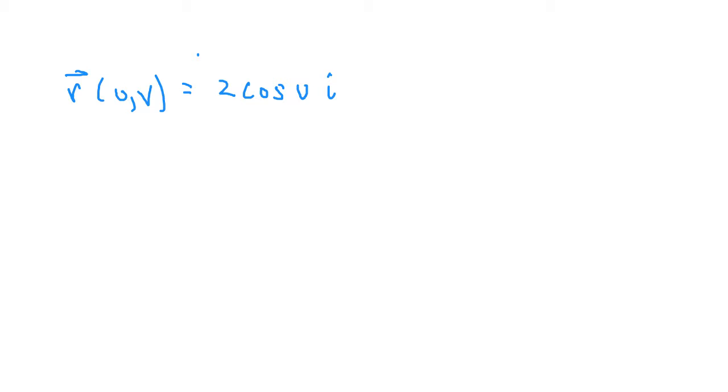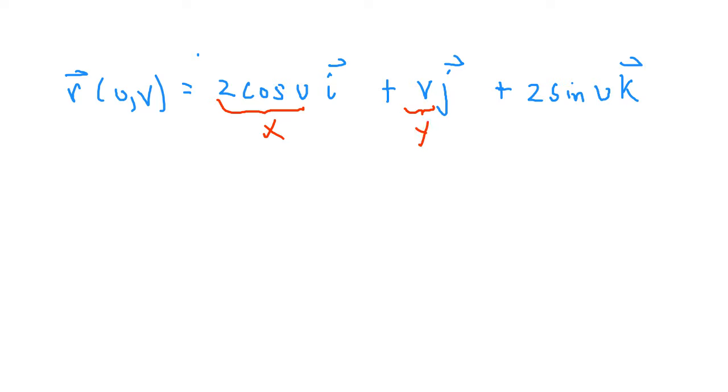This is a vector function of 2 variables, 2 parameters, and it's going to trace out some surface in space. So we have our x component, our y component, and our z component.